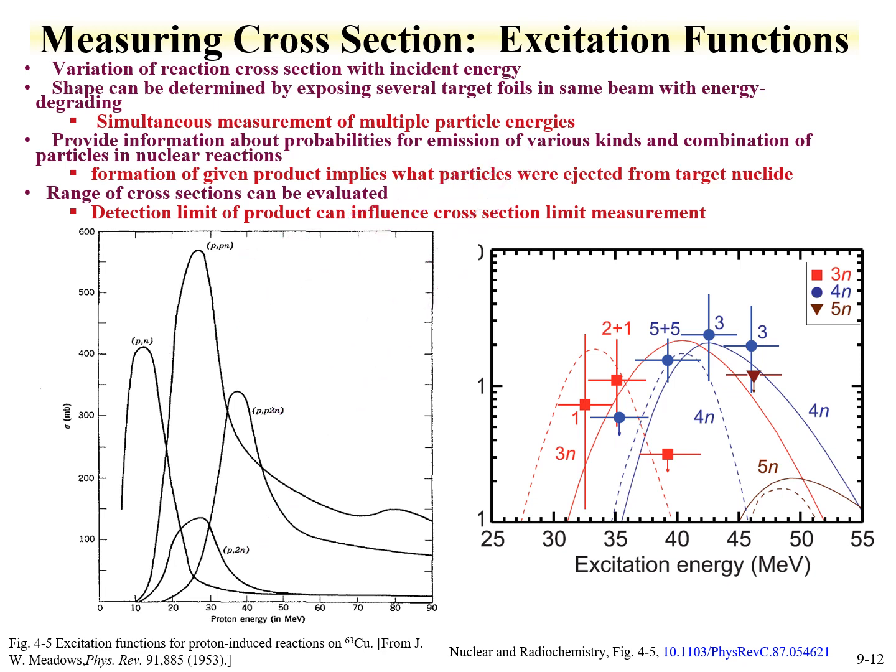So we see that we can provide that for a reaction with many different outcomes or different particle outcomes, for instance a proton or a neutron. And here's an example of a reaction where we just get 2, 3, 4, or 5 neutrons out.